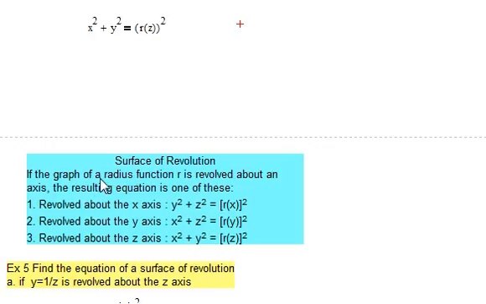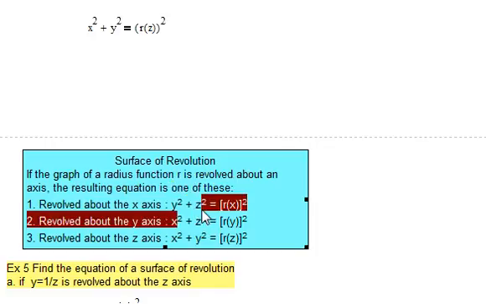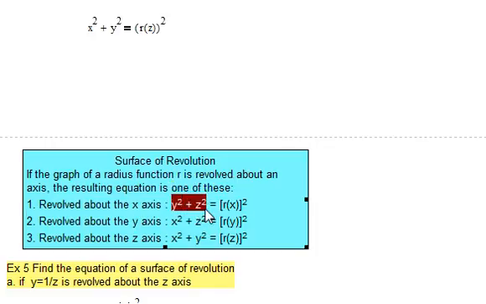If the graph of a radius function, a generating function r, is revolved about an axis, the resulting equation is one of these. Revolved about the x-axis, then y squared plus z squared equals r of x squared. How do you determine this function? Well, it depends on what you're revolving about the x-axis. Revolved about the y-axis, then x squared plus z squared equals r of y squared.